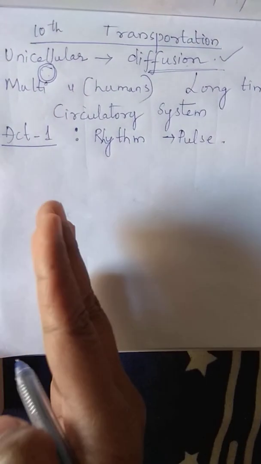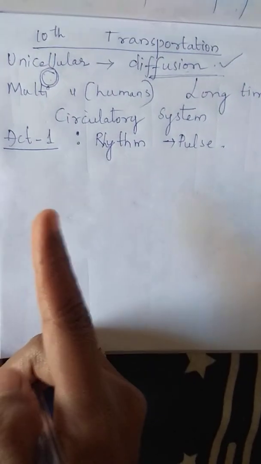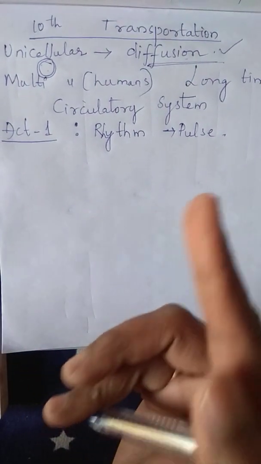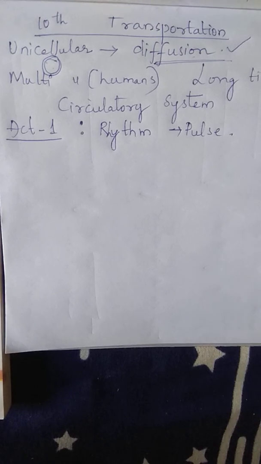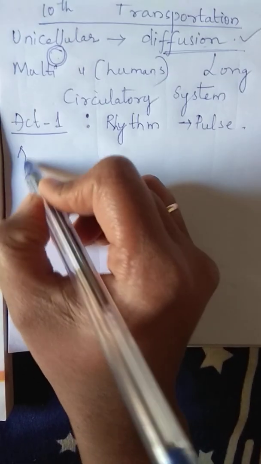Each person will have a different pulse, and even the same person, if he is at rest, will have a different pulse than if he is running, jogging, or doing any work. And activity 2. What is activity 2? We have to see that pulse rate varies from person to person and also from situation to situation.